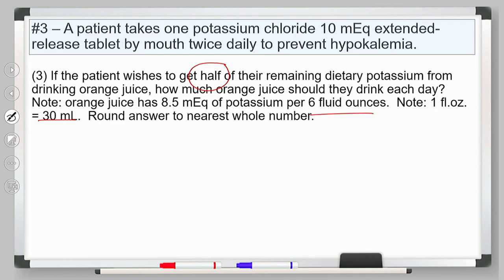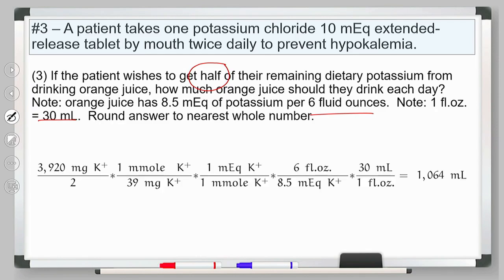So I started with 3,920, which was my answer, divided by 2 so that I get half of that amount. I'm in milligrams, so I'm going to take their molecular weight of 39 and divide by that to convert milligrams to millimoles. Then I know the charge on potassium is 1, so there's 1 milliequivalent for every 1 millimole. Then I'm in milliequivalents, right?